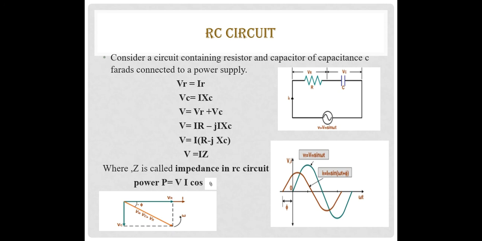In the sinusoidal waveform the current is leading the voltage by an angle phi, which is 90 degrees. The phasor diagram is also like that. The voltage across R is in phase with I, and the capacitor voltage is lagging 90 degrees with respect to the current.